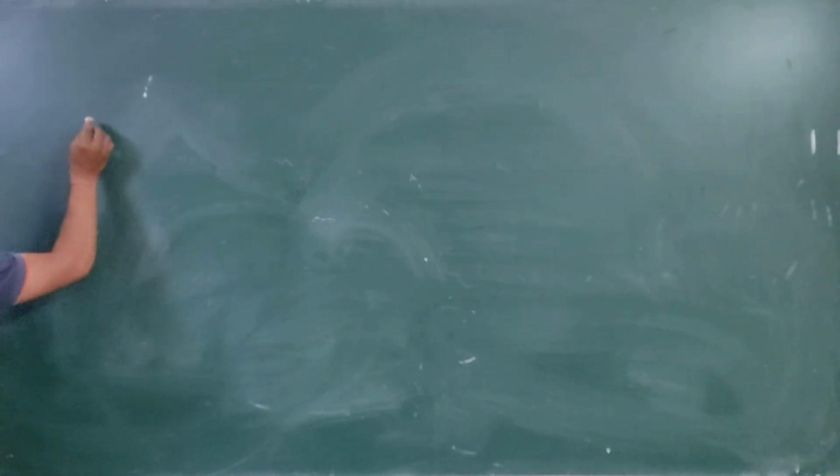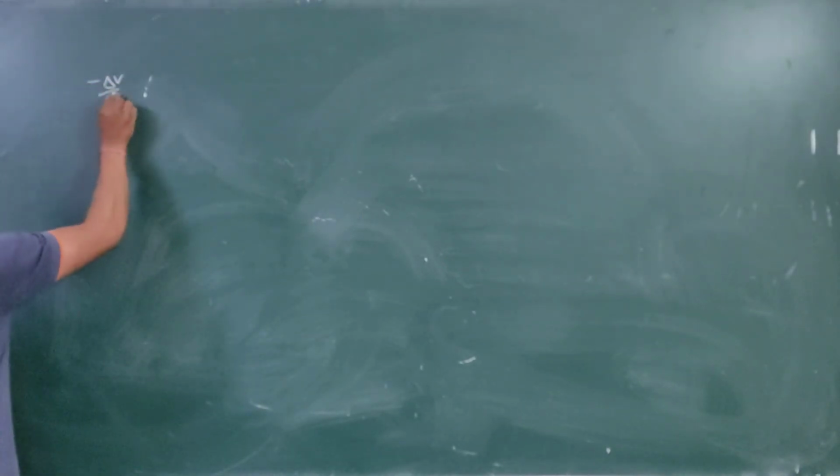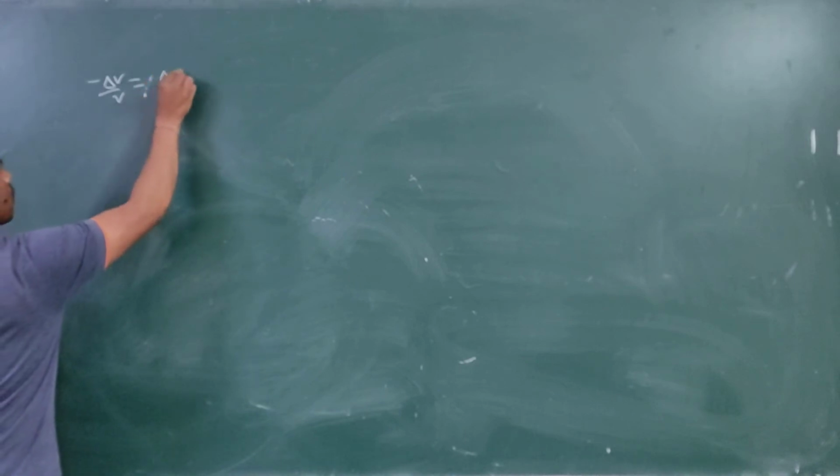Now equation 1: minus delta V by V is equal to delta rho by rho.